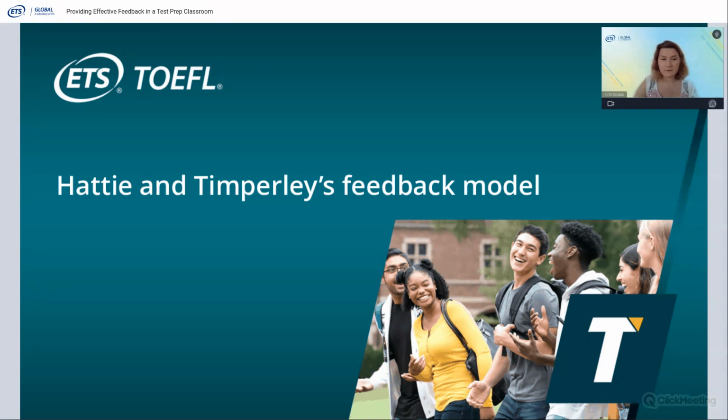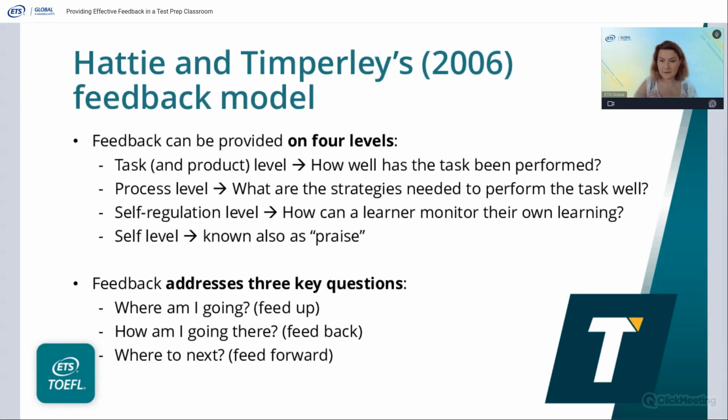Okay, so let's now pass on to the feedback model that we are going to use today during our workshop activity. So this model was established by John Hattie and Helen Timperley in 2006. And they identified 4 levels that feedback can be provided on.